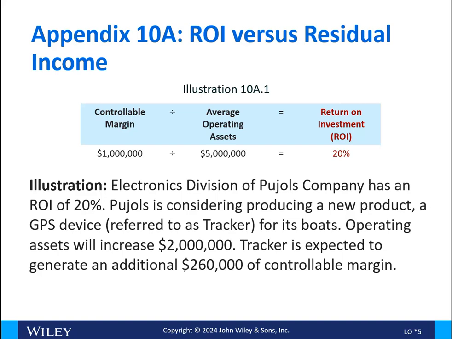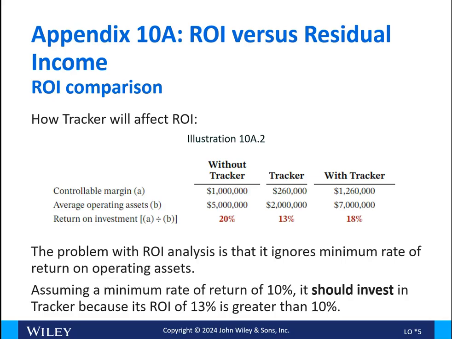So we're going to compare this 20% return on investment to our new operating scenario. We're going to add $260,000 to controllable margin and $2 million to operating assets. And what we find is our return on investment actually goes down from 20% to 18%. So if we're just using return on investment, we would say it decreases, we shouldn't do it. But what we ignore is our minimum rate of return.